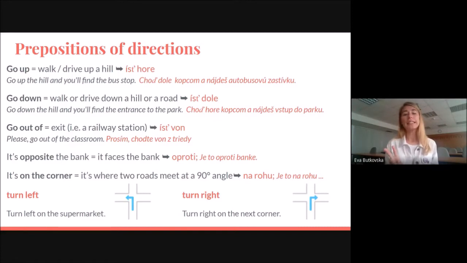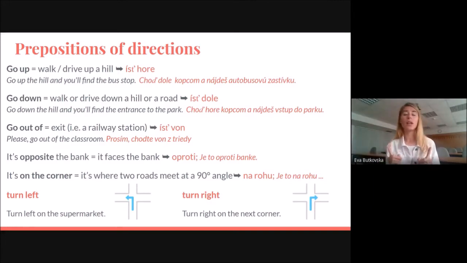Next two phrases: it is opposite the bank and it is on the corner. The first one, it is opposite the bank, the museum, or any other landmark. You want to say that it is the opposite, so it faces. And the second, it is on the corner, means it is outside of the corner.